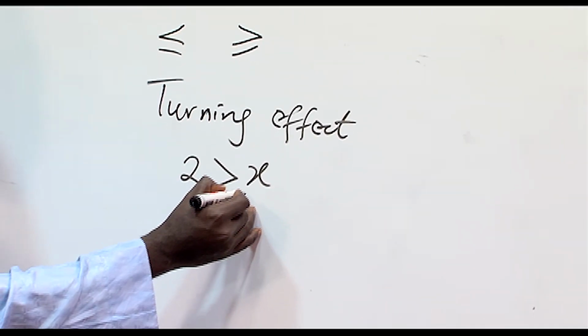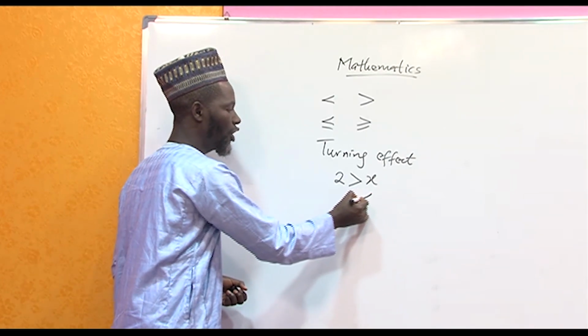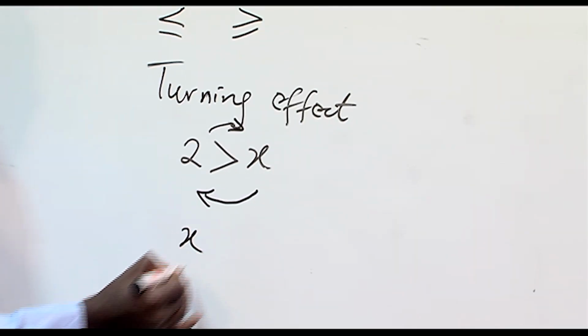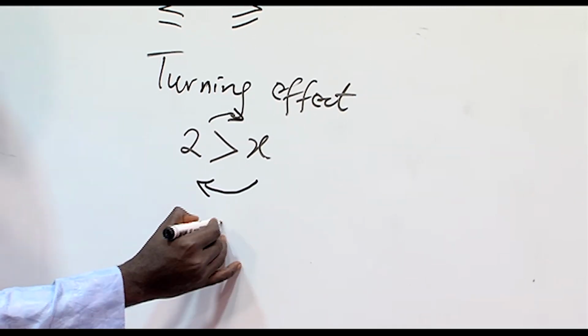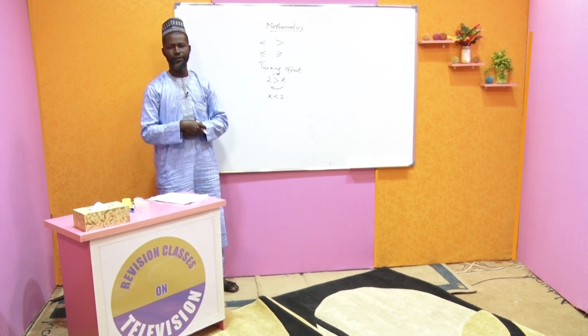Now let's turn it as if you are turning the steering of your car. Definitely our x now will move to this side, and this sign will change to less than 2. So this is what we call turning event.